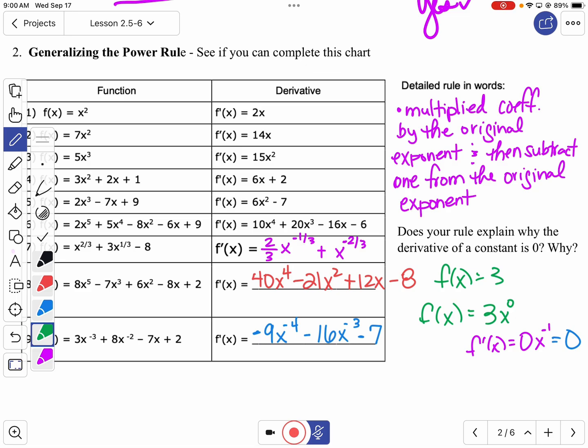Congratulations, that's the shortcut. It's known as the general power rule for derivatives, and it is your best friend, and you're going to use it a lot.